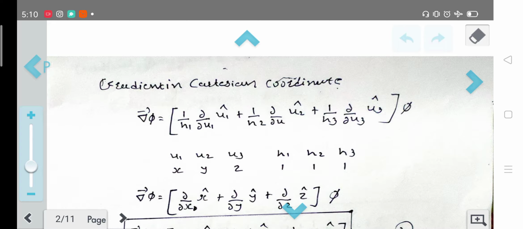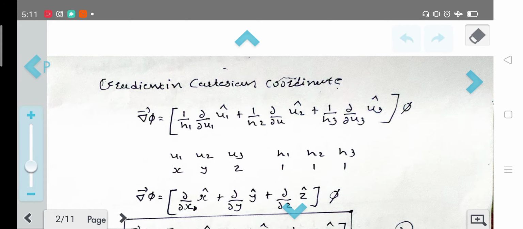I have taken the gradient of a scalar quantity phi here. The generalized formula will be 1 upon h1 del by del u1 u1 cap, plus 1 upon h2 del by del u2 u2 cap, plus 1 upon h3 del by del u3 u3 cap.